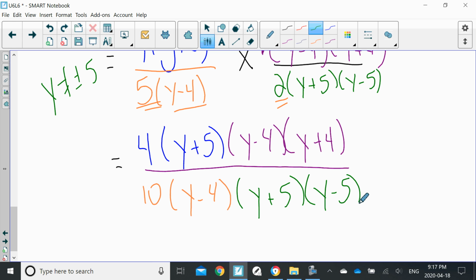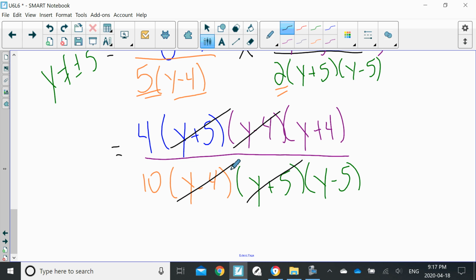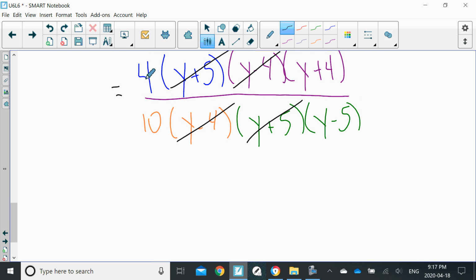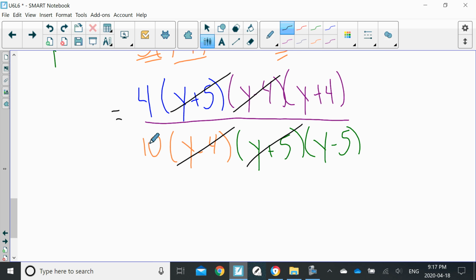Now go crazy canceling. Let's see what cancels. y plus 5 and y plus 5 cancel. y minus 4 and y minus 4 cancel. Let's see what I'm left with. I'm left with 4 over 10, which reduces, right?